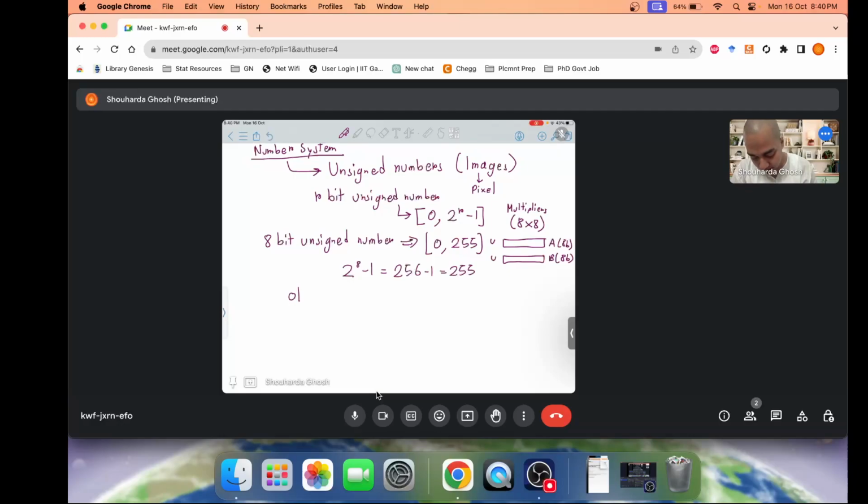The lowest number that you can represent is all zeros, and that's obviously 0, and the highest number that you can represent is all ones.